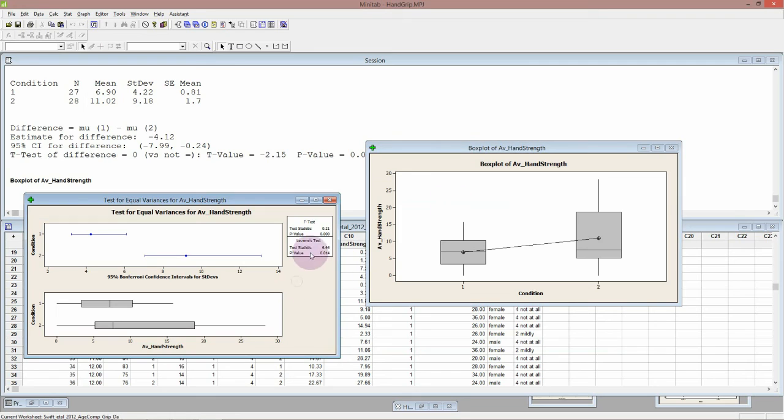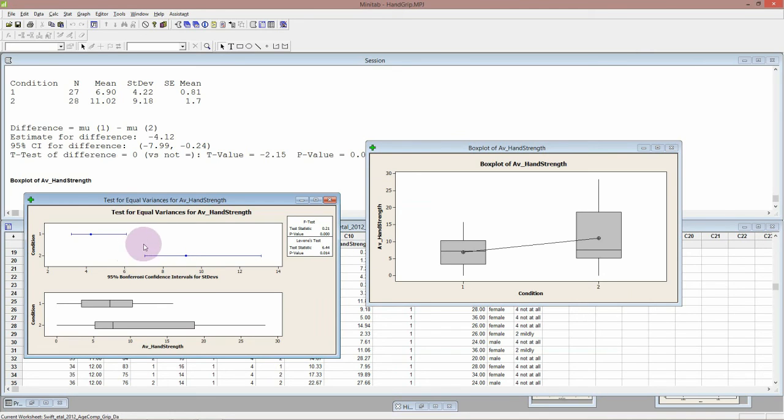Now with ANOVA, you don't have a choice to do that. So if you had more than 2 groups and you were doing an analysis of variance, one of the assumptions is that the variances are equal. If you violate that assumption, that is if the assumption does not hold true, as it is in this case, the question is what do you do?